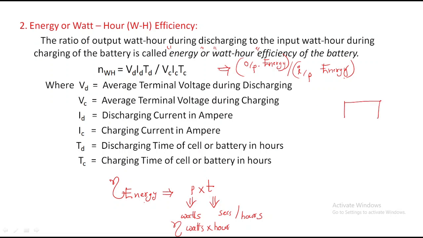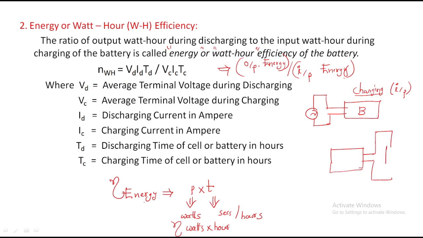Simple. We have one battery that takes power from the source. This is called charging, or the input. After the supply is off, it supplies power to the load, such as a fan or bulb. This process is called discharge, the output.